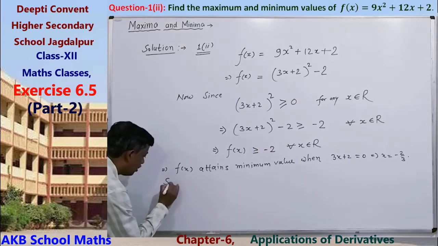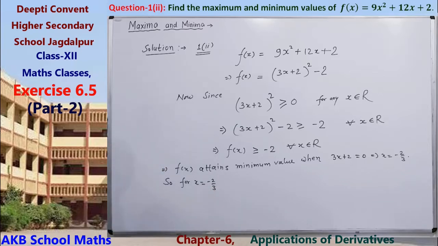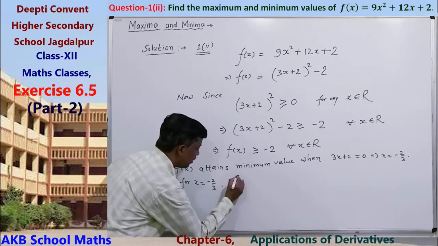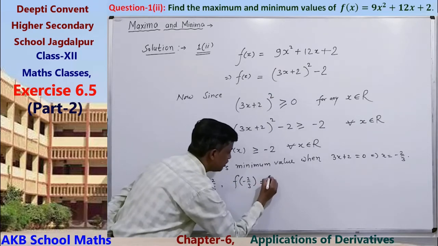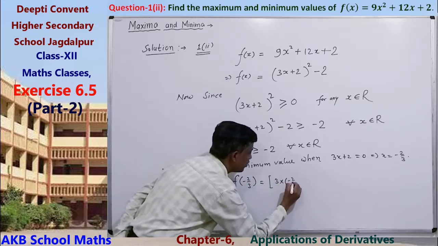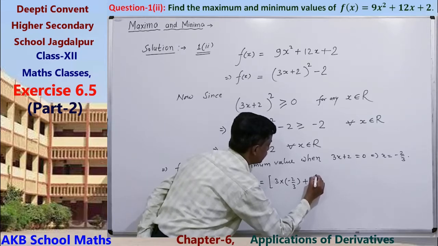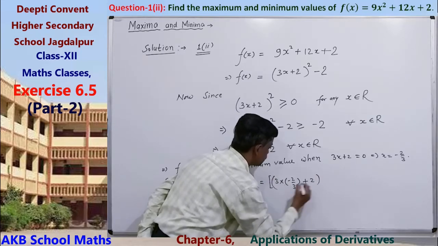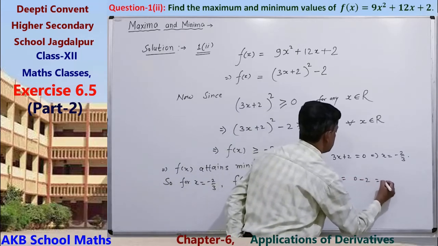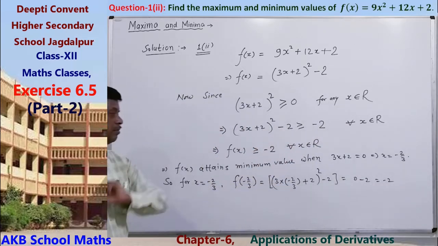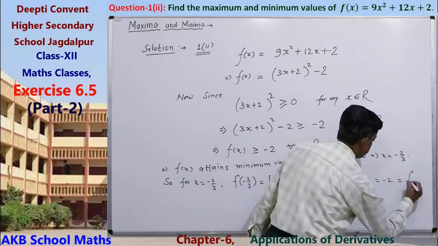So for x equals minus 2 by 3, f(minus 2 by 3) equals (3 into minus 2 by 3 plus 2) square minus 2, which is 0 minus 2 equals minus 2. This is the minimum value of the function.